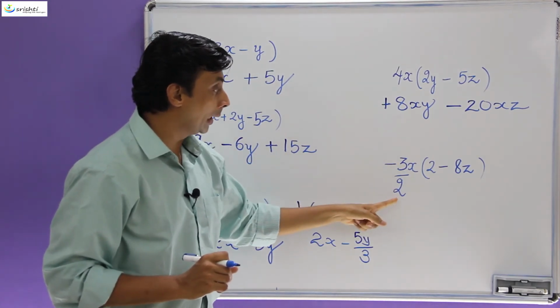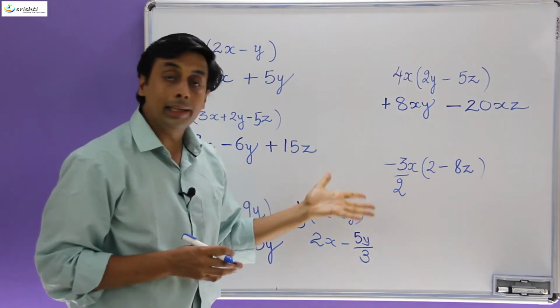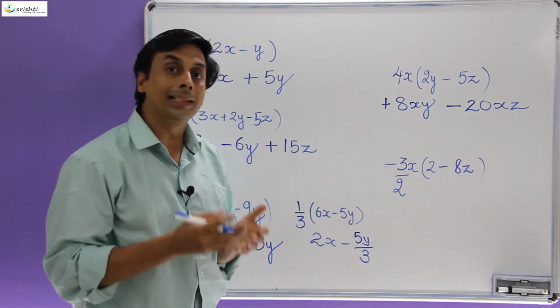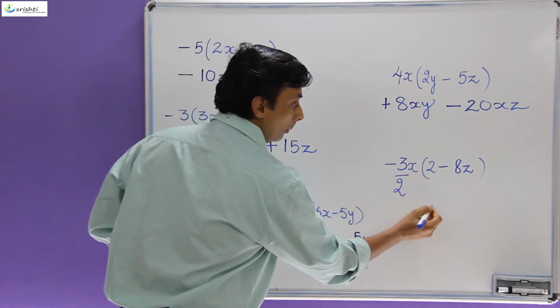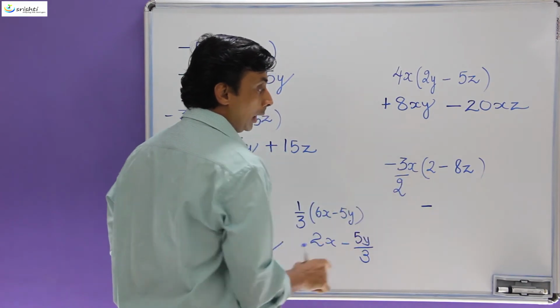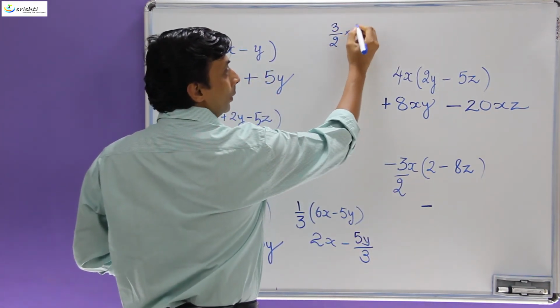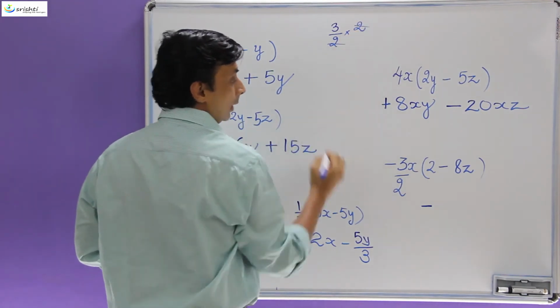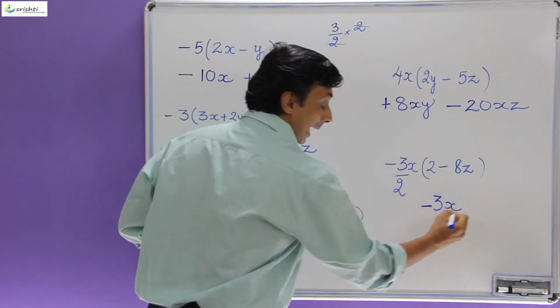Minus 3x by 2, the whole multiplied by 2 minus 8z. So again, let's apply the concept of signs, constants and variables. Minus into plus, minus 3 by 2 times 2. So 3 by 2 times 2, let's calculate it separately. 3 by 2 times 2, 2 cancel, so it is going to be 3, and the variable is going to be x.